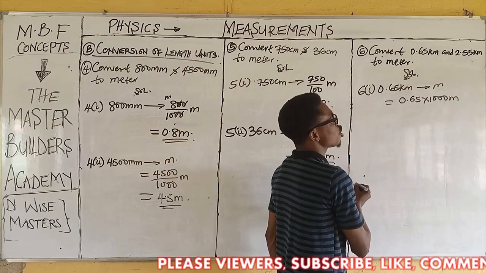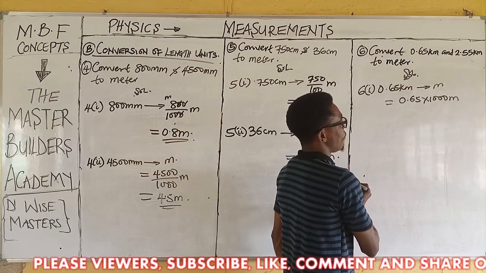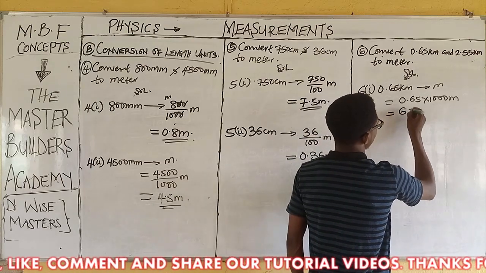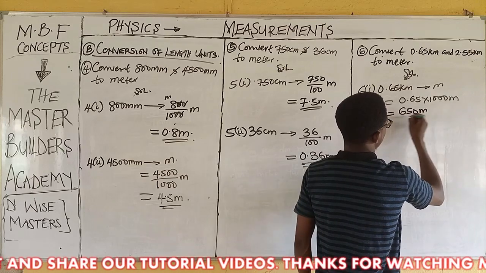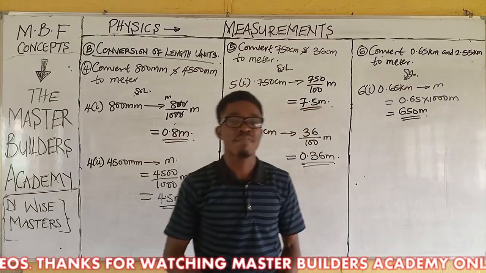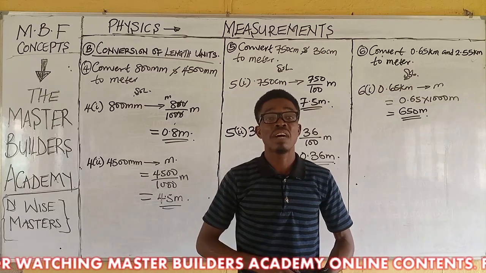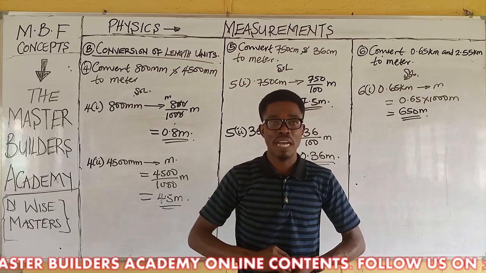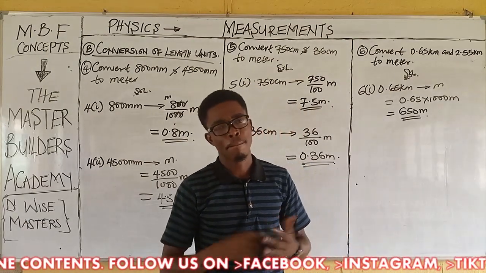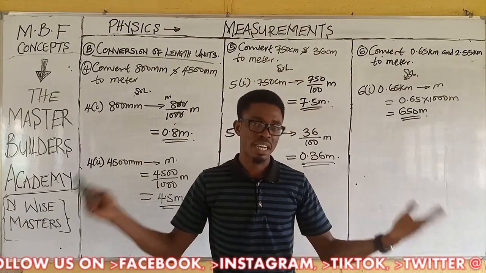When I multiply 0.65 by 1,000, we are going to have 650 meters. It's as simple as this. So 650 meters is equivalent to 0.65 kilometers. So to convert from kilometers to meters, multiply the given value by 1000.